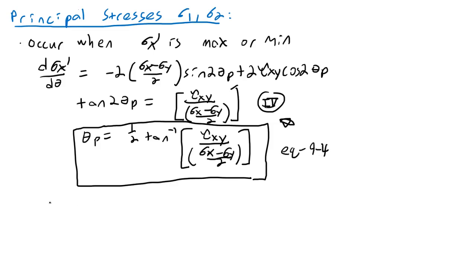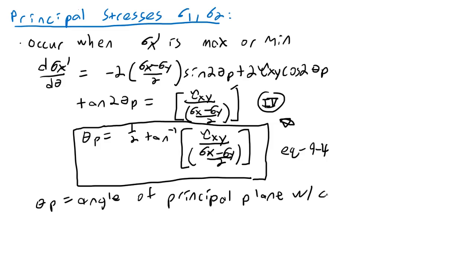Where theta p is the angle of the principal plane with counterclockwise rotation. And the tangent, you know from trigonometry, repeats itself every 180 degrees.